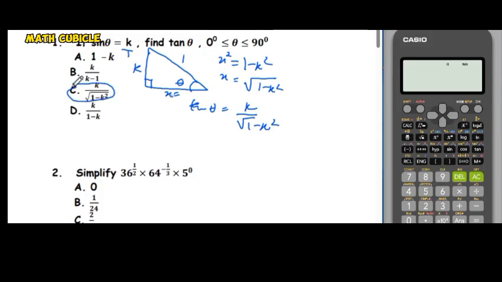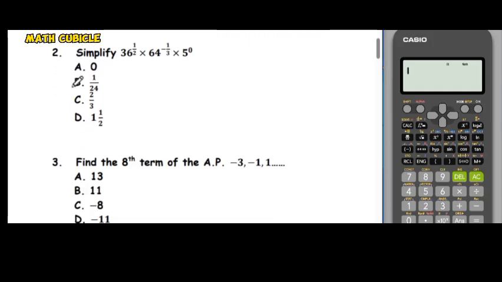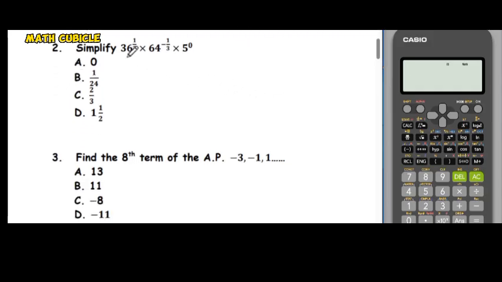And for the second question here, it says simplify. This is a question on laws of indices. 36 raised to the power half is the same as root 36, times 64 raised to the power minus 1 over 3, which is the same as 1 over 64 raised to the power 1 over 3, times 5 raised to the power 0. Anything raised to the power 0 is 1.